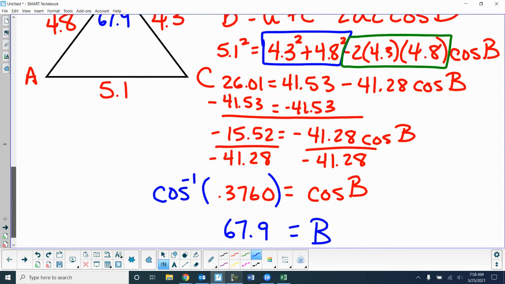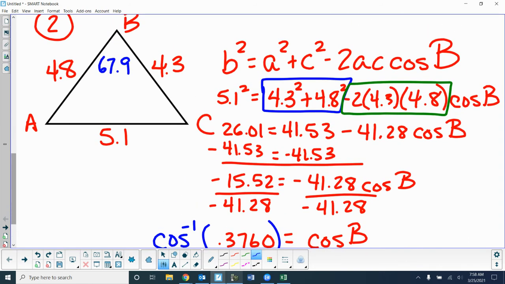All right, so which of the two remaining angles am I going to find, A or C? A, because it's the smaller one, right? Every time you go from law of cosines to law of sines, find the smaller one.